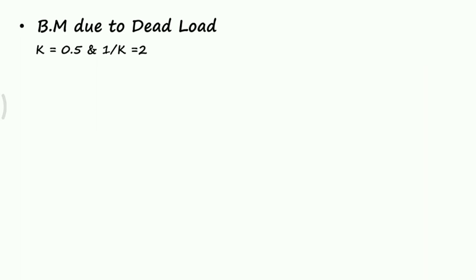So here we take two values, K as 0.5 as well as 1 by K, as 1 by 0.5 is 2. So V by L, since the load is completely distributed over the slab panel, V by L is 5 by 5, which is 1, and U by B is 2.5 by 2.5, which is also 1.